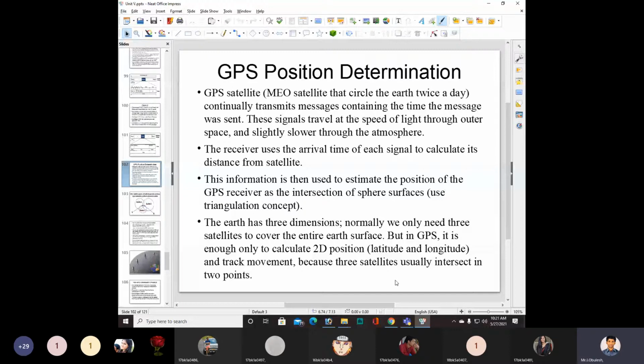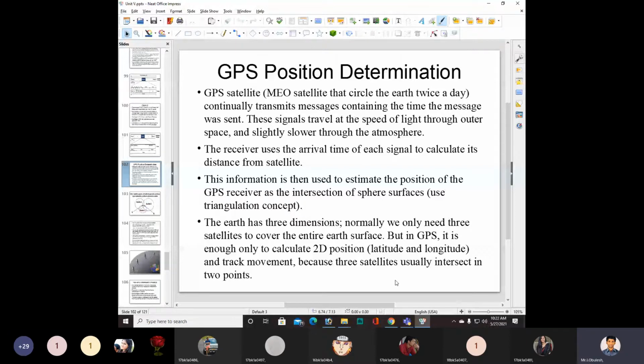This information is then used to estimate the position of the GPS receiver as the intersection of sphere surfaces.